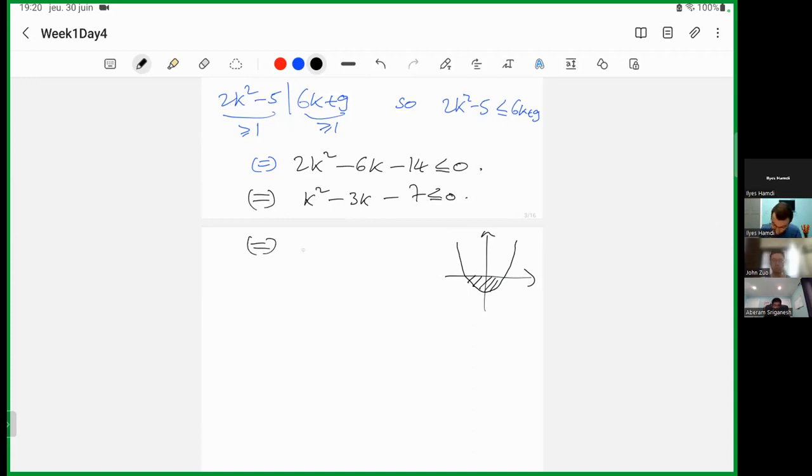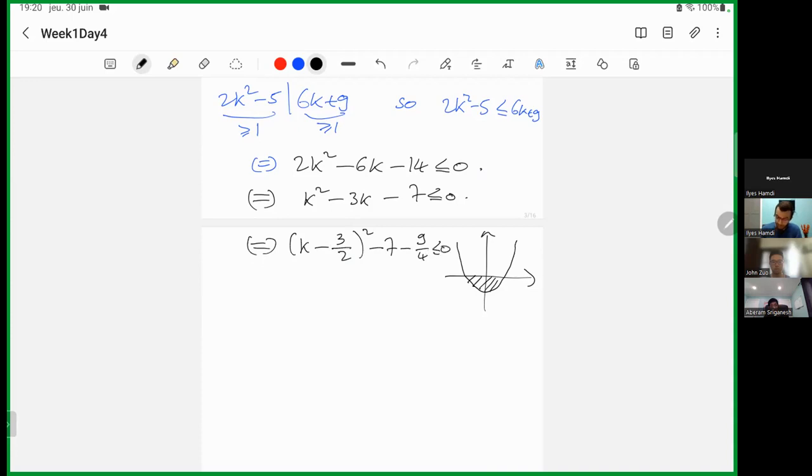So this means k has to be in a very limited range. I usually complete the square because it's easier and I'm dealing with integers, right? k is an integer. So k minus, actually, it's going to be a bit hard to complete the square here because I have a 3 times k and not an even number multiplied by k, right? But still, I can try and do it, and it would look something like that: minus 7 minus 9/4.